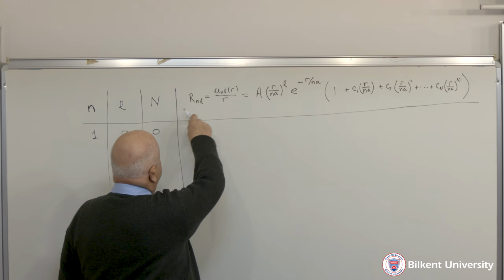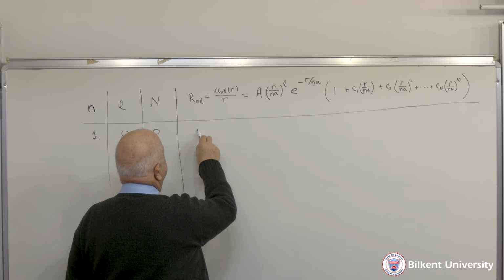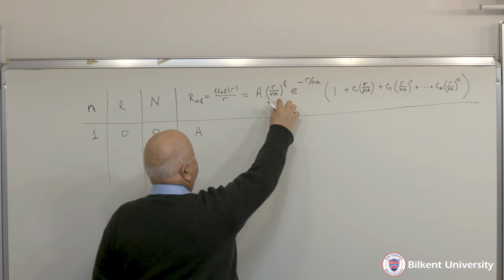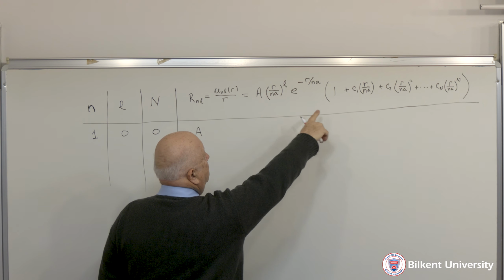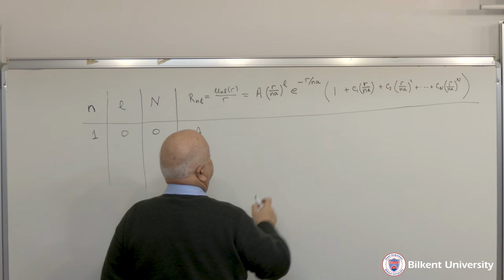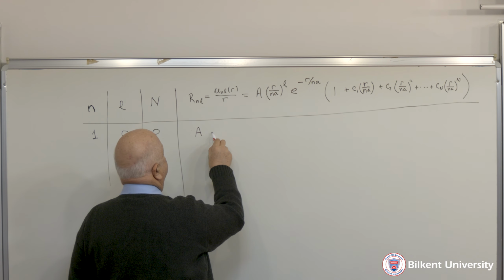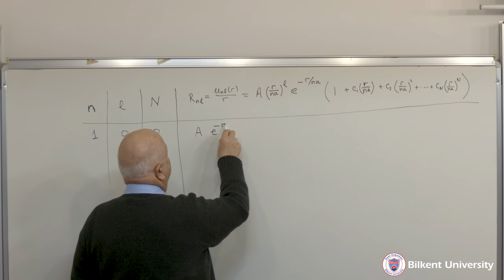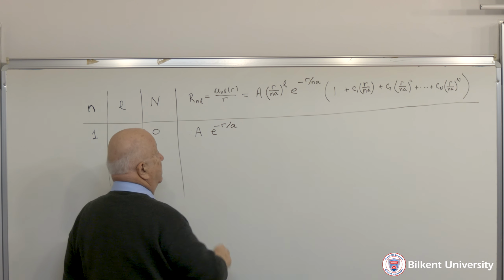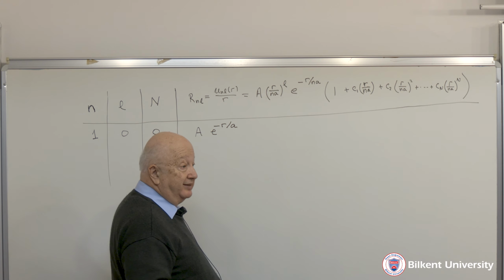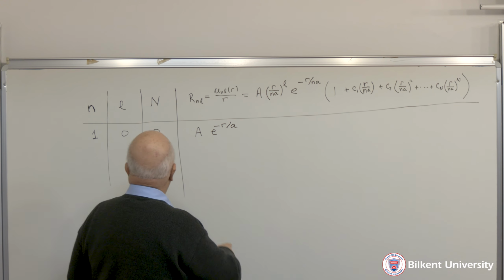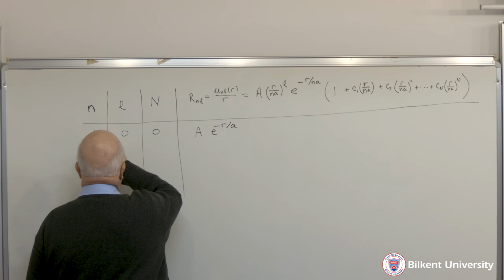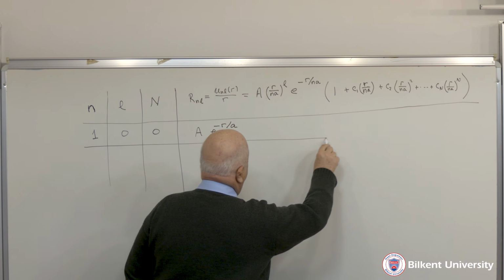So this polynomial, in fact, now is very simple. Because L is 0, this is to the 0th power. So I have just something like e to the minus r over a. That's the simplest case, corresponding to n equal to 1.